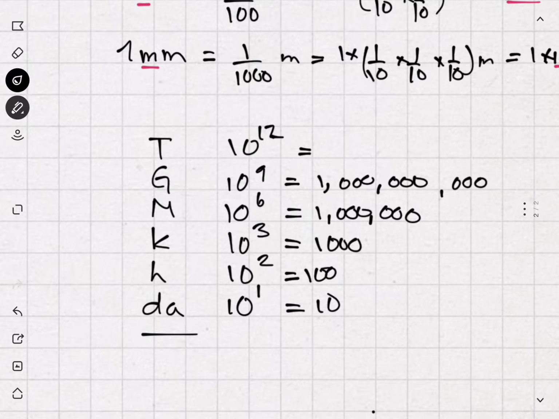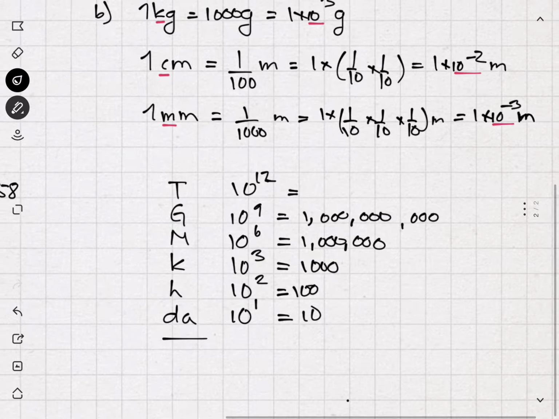I won't write all 12. So you could have a gigameter, so that's 1,000 million, a billion meters. Maybe that's on the order of the distance between, I don't know, the sun and the earth or something like that.